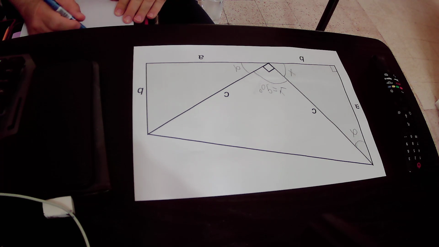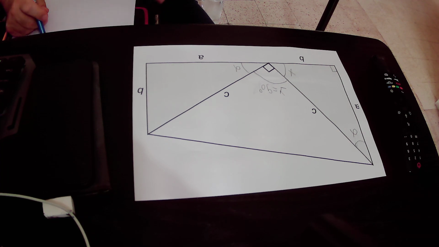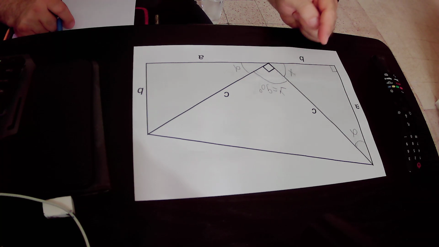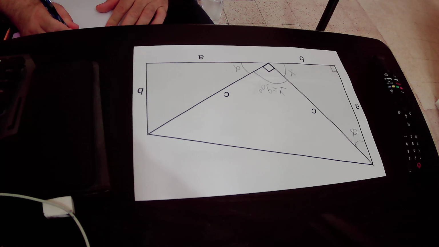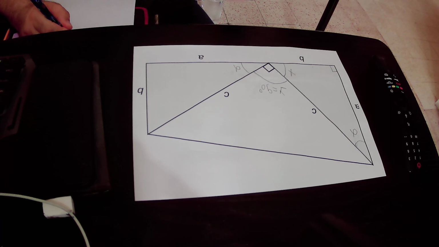So we can say that S, the area of the trapeze, is equal to the area of the right triangle, and the area of the triangle is its base times its height divided by 2. So its base is B, times the height to the base, that is A, divided by 2.